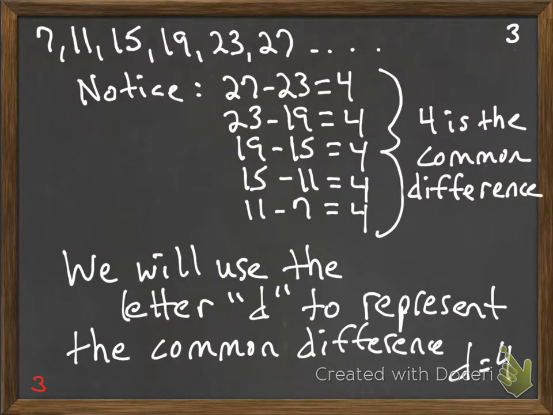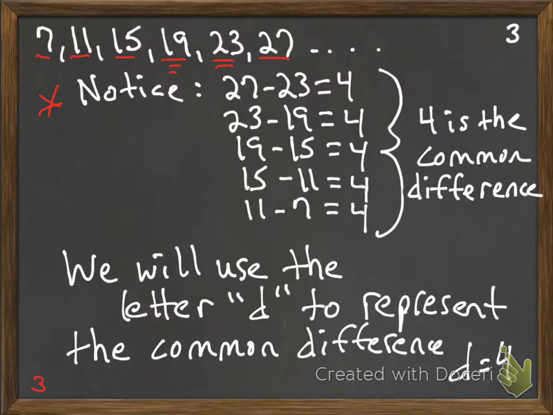In sequence number 2, these were our terms. The first term, the second term, the third term, the fourth term, the fifth term, the sixth term. And notice how if I subtract, for example, the sixth term minus the fifth term, and then I take the term here minus the term before it, and I continue doing that, notice how they all came out to be 4.